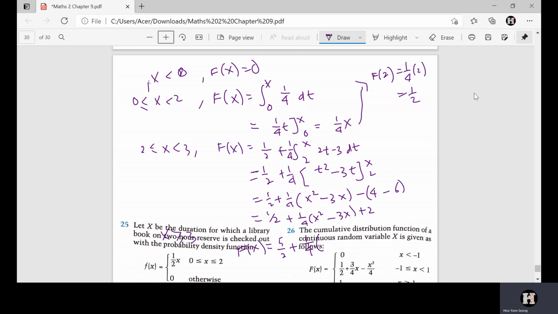Put the 2 inside. I substitute 3 inside. 9 minus 9, correct, right? 9 minus 9.